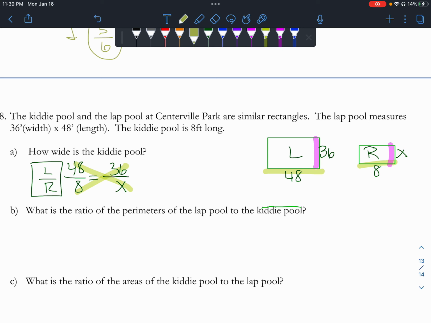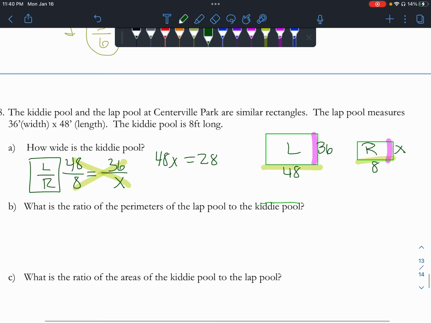Cross multiply. 48x. And you can do a lot of calculator work today, guys. Let's see what we got. 8 times 36, 288. I'm hoping if I divide these out, I get a nice answer. I do. The kiddie pool should be 6 feet wide.